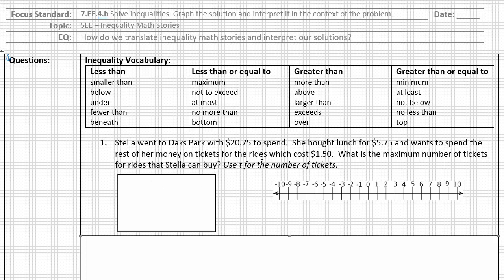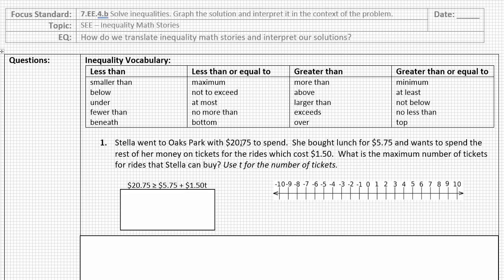So think this problem over, pausing the video if you need to, and see if you can pick out what is the information and how are we going to write it as an inequality statement so we can solve to answer the question. Resume the video when you're ready to check your inequality statement with mine. Here's the inequality I wrote.